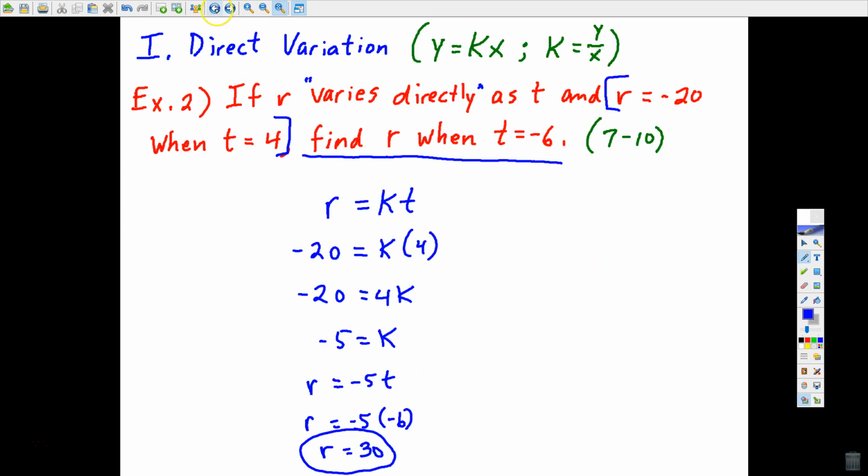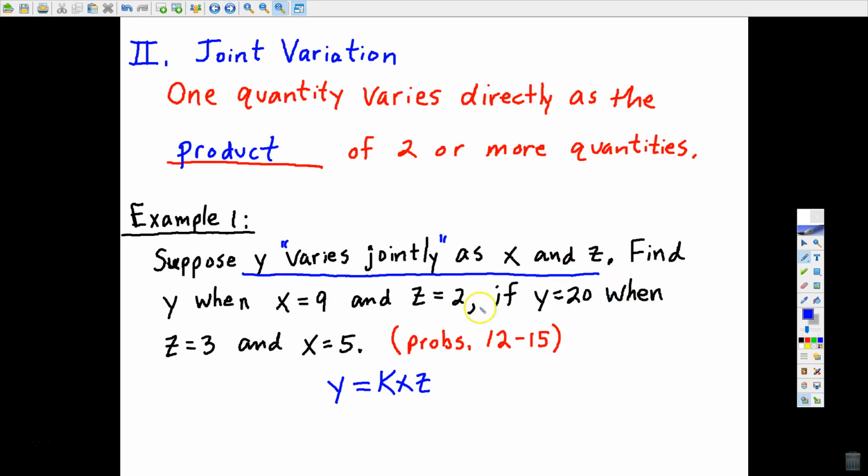Much like we did over here, they gave you the values for r and t so that you could find k. Well, when they give you every value of variables except for k, that's your clue that this is what you're going to use to find k. Pretty obvious that finding k is very important to being able to find the final answer to our problem.